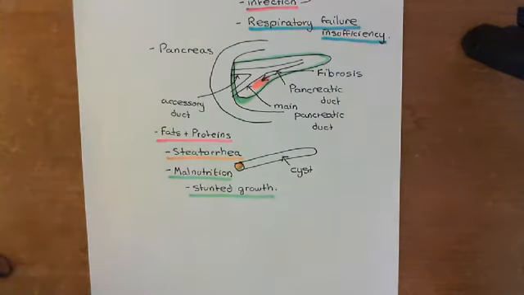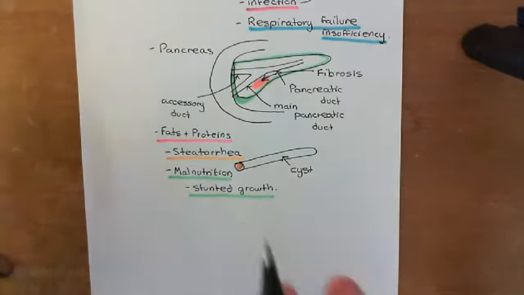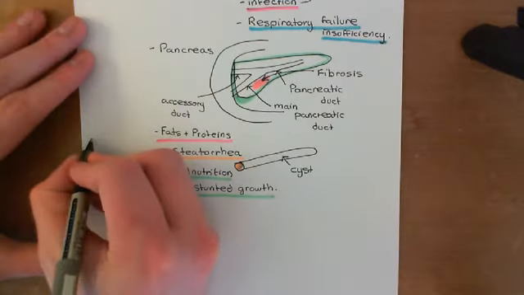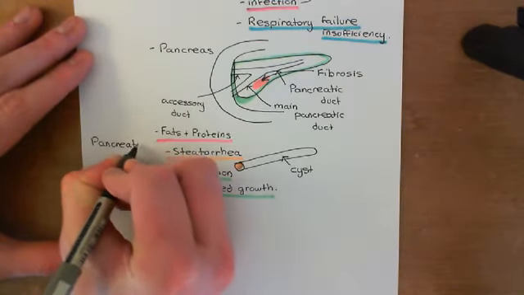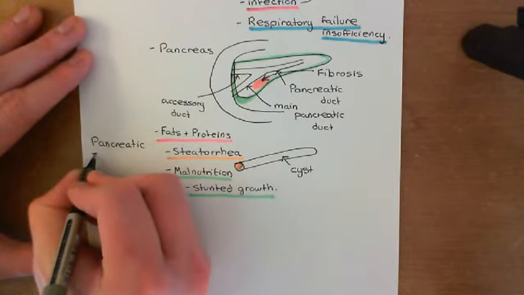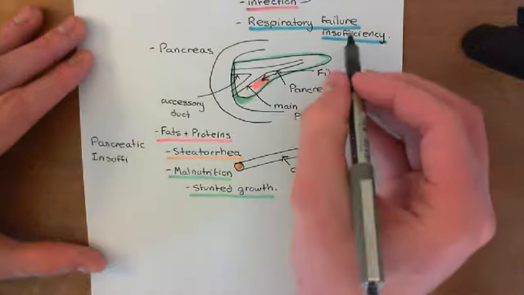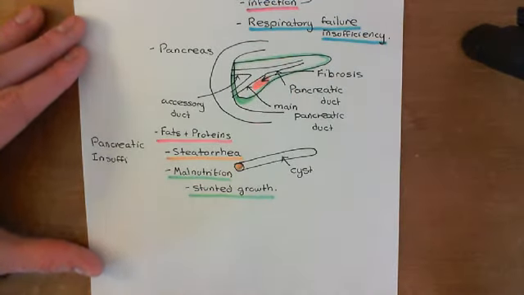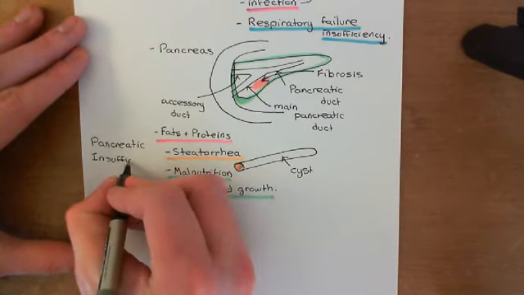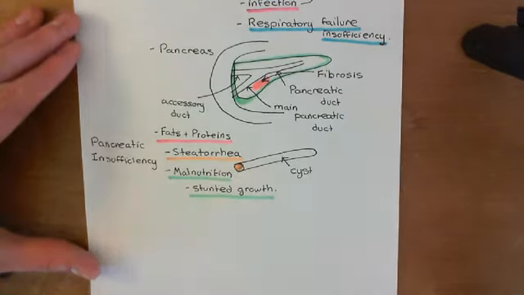Now there is a nice term for all of this. The term that you can use to describe all of this is pancreatic insufficiency. Basically the pancreas is failing to do its job correctly. It's very similar to respiratory failure, it's slightly less serious than respiratory failure. Pancreatic insufficiency means that the pancreas is not sufficiently performing its role.